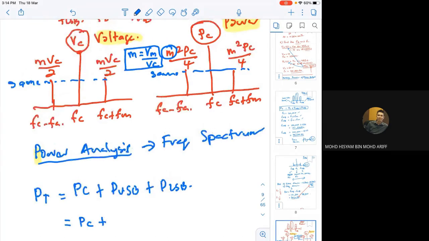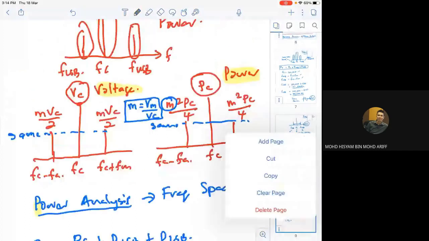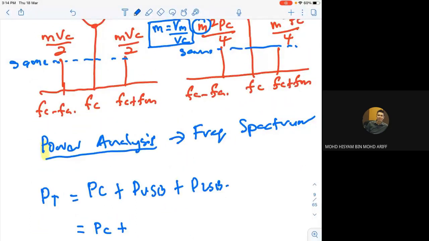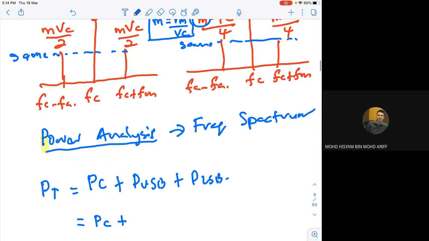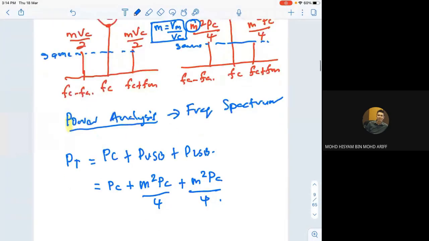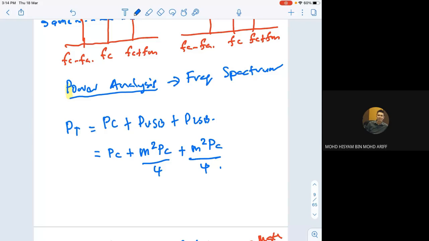So for power analysis, the upper sideband equals M squared PC over 4, and then plus M squared PC over 4 for the lower sideband.